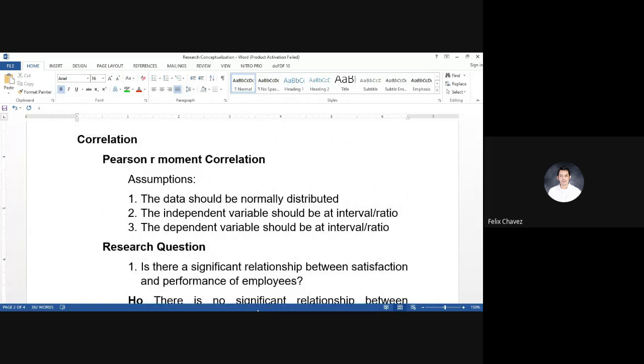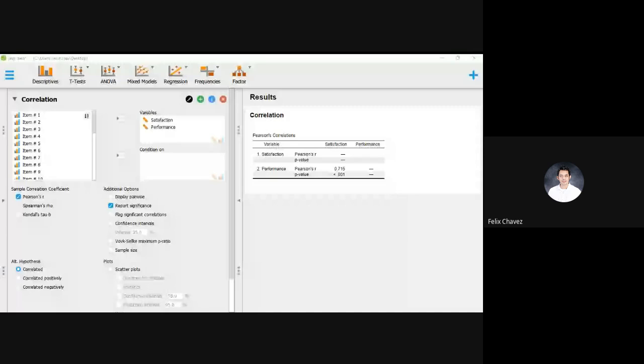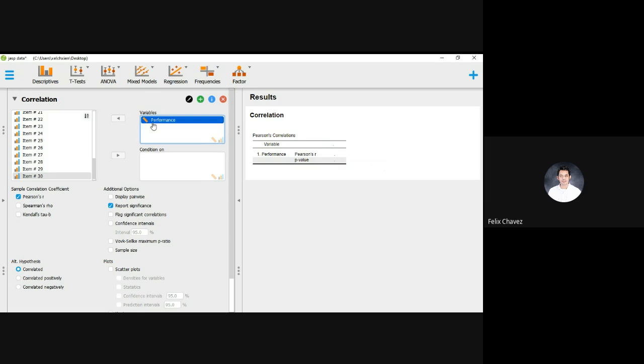Okay, so let's go to the software. So this is the software. Okay, example.